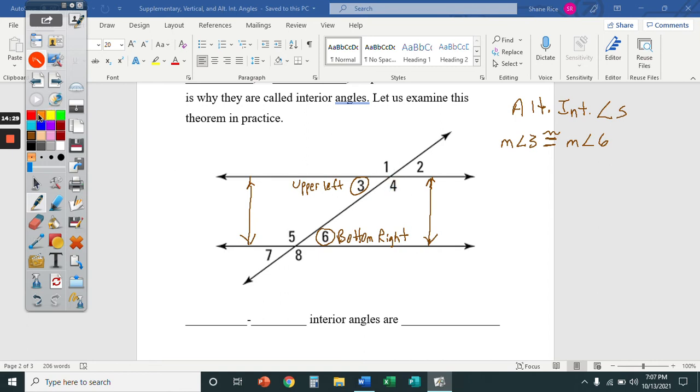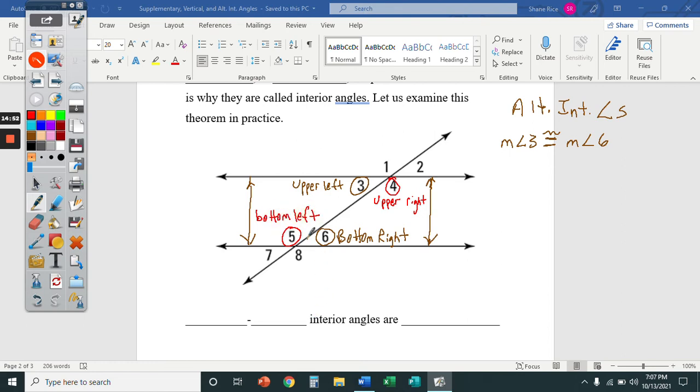And by the same token, now look at number 4. Let's use a different color. Let's go back to red. This is on the upper right. Well, we already know it's not congruent to this one because that's congruent to number 3. So the only other option is number 5, which is on the bottom left.